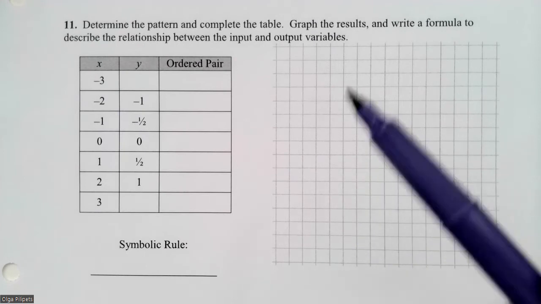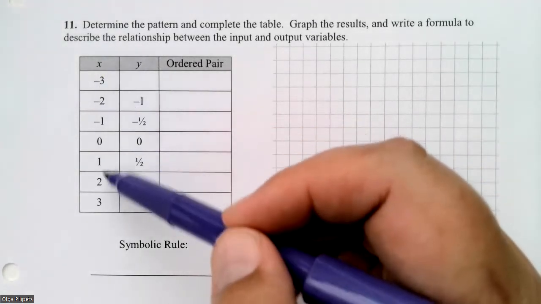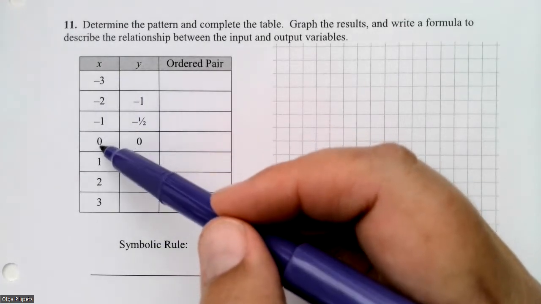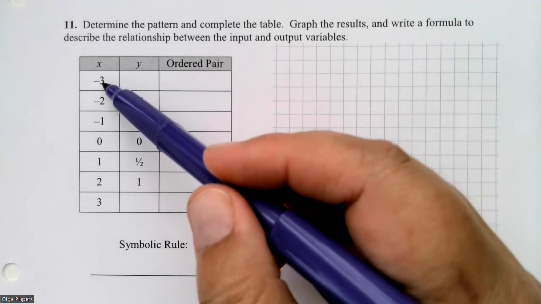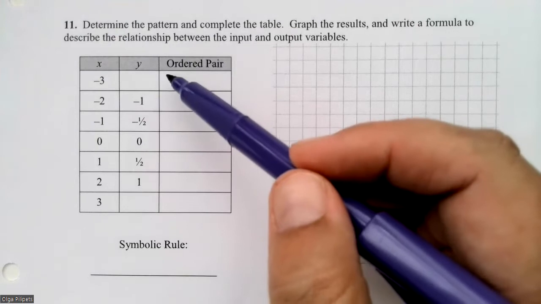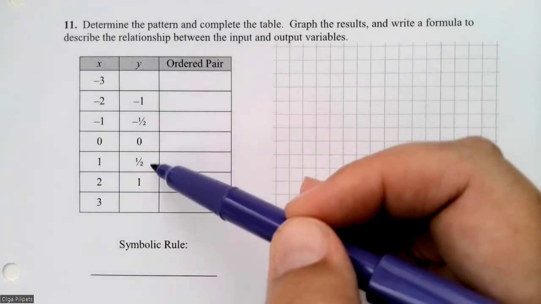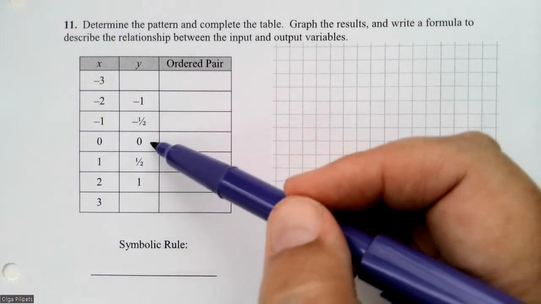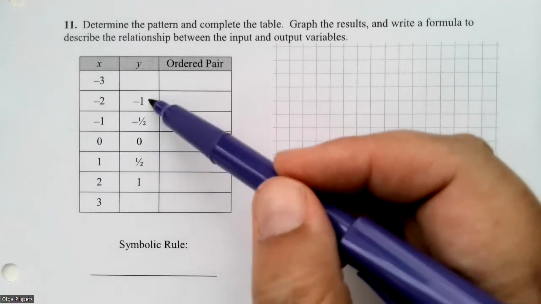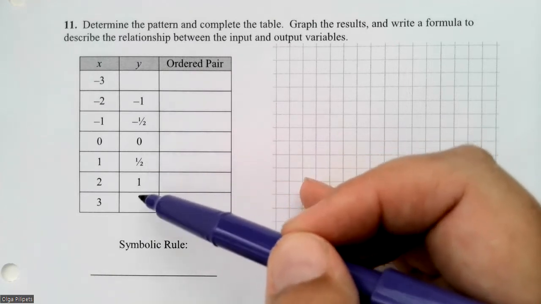And let's do it. So again, when I look at my x values, my x values are increasing by 1. So -3, -2, -1, 0, 1, 2, 3. Now for the y values, they're not increasing by 1, just like in a previous example, but they're increasing. Well, if you don't see it right away, focus on 0, 1/2, 1.